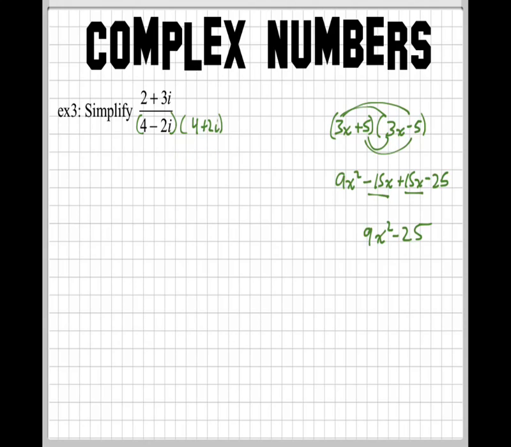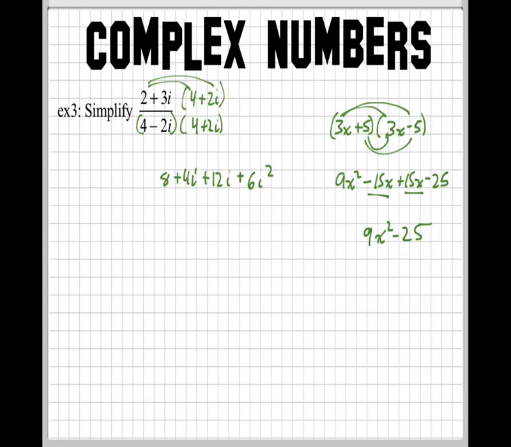So I'm going to multiply the top and the bottom by the conjugate. That's 4 plus 2i. I'll multiply the top first, and so for the top I get 8 plus 4i from multiplying the 2 to both of these. And then I'm going to get 12i plus 6i squared. Now here it's not a difference of squares, so these are not going to cancel out.